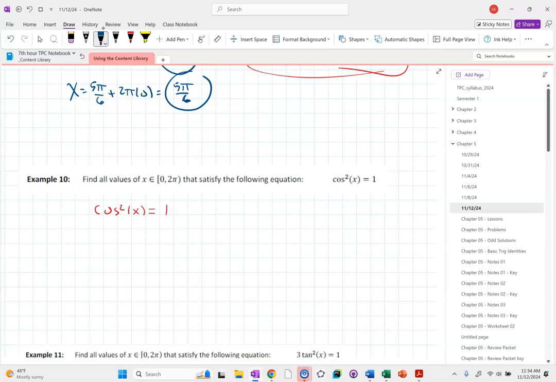So my first order of business then is going to be to cancel out that exponent. What do I need to do to both sides of this equation to cancel out that exponent? Square root, right? Okay. When we square root both sides of an equation, what do we need to remember to do?